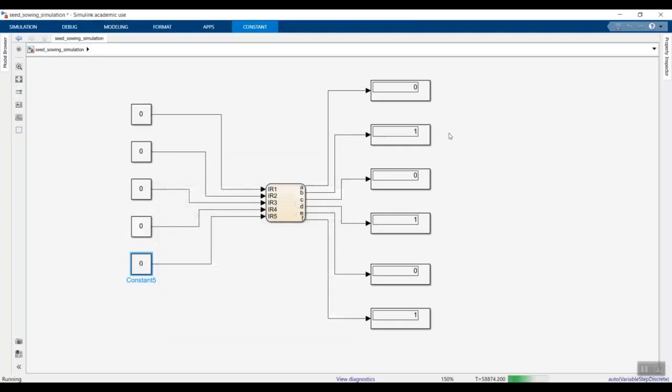You can see again all 3 DC motors are started, so the logic is working fine. Thank you.